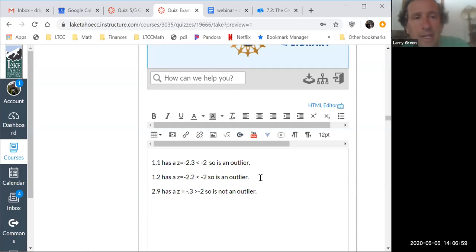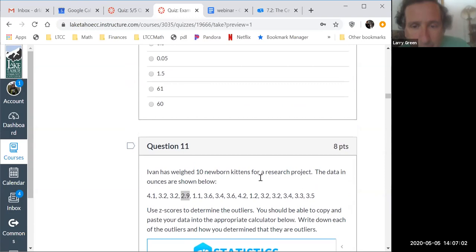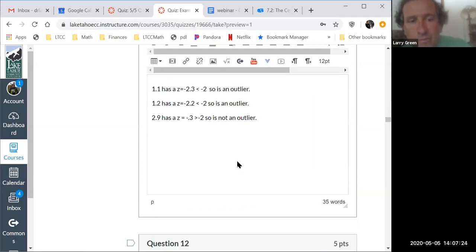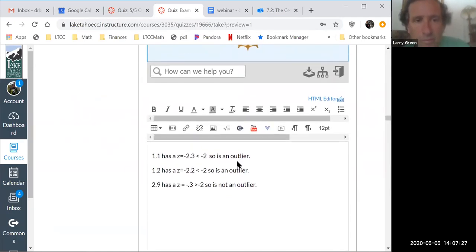Now we have to test above the mean. So let's find the maximum. The maximum value is 4.2. So let's plug in 4.2. Erase the z-score. And I see 1.2. So 4.2 has a z equal 1.2, which is less than 2.